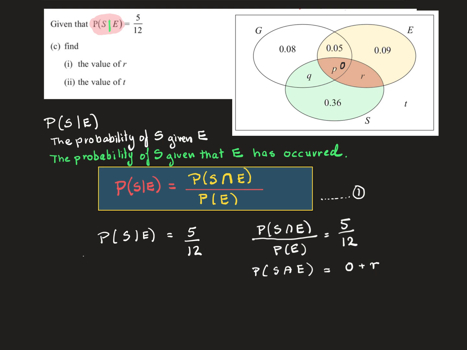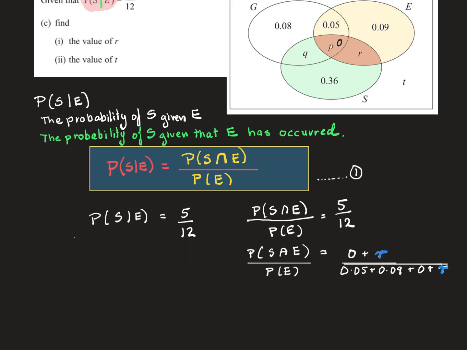Now, the next one is the probability of event E happening. Event E is all this which was in yellow. We already know that this number here is 0.09. We know that that's 0, and we've got the R. And we want to find the value of R. So we can now say that is R over 0.14 plus R. And this is actually 5 on 12, as we're given already.